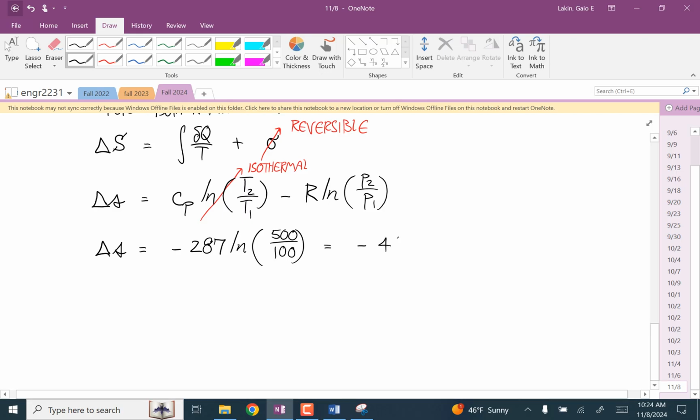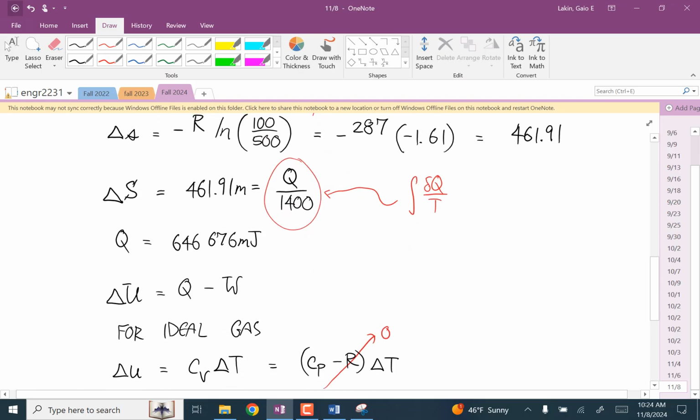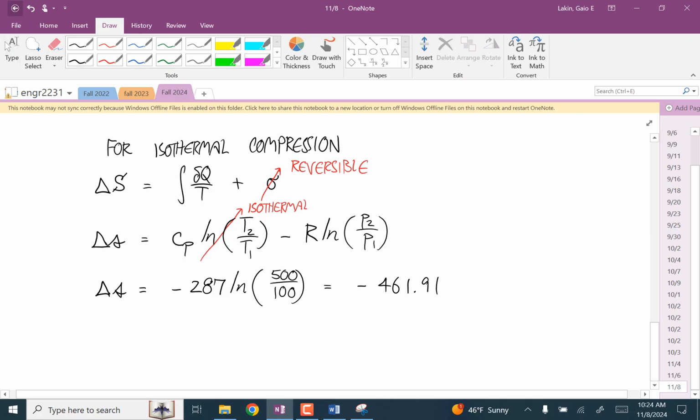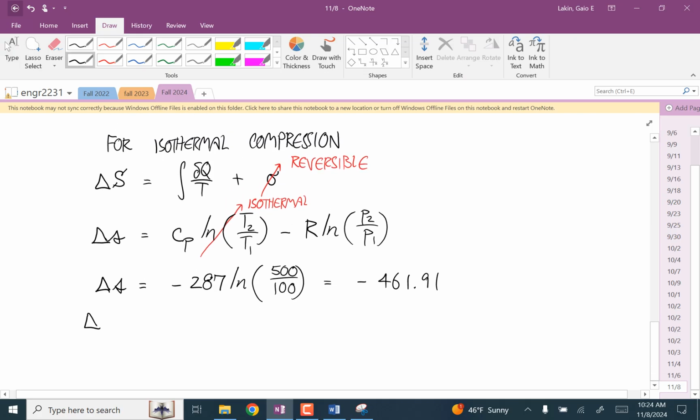So negative 462.07, or 461.91, I'll use the old one. Okay, so we got negative this time. And so delta big S is equal to negative 461.91 M.